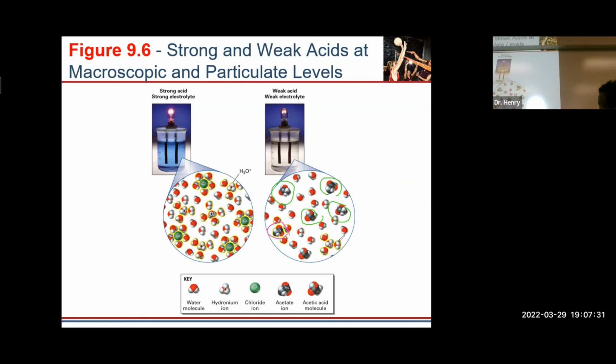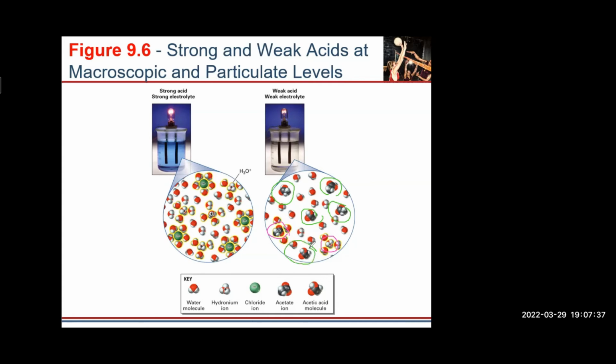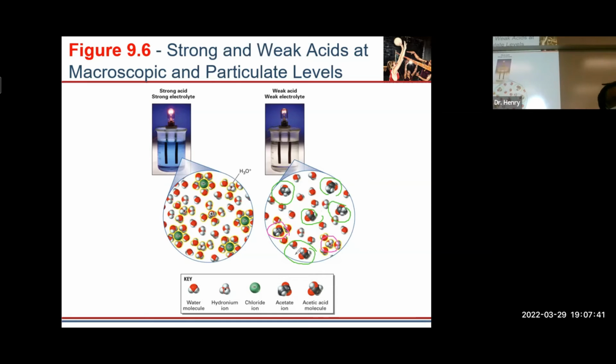And I forgot one. Okay, so if we look at this, we have 1, 2, 3, 4, 5 molecules that didn't dissociate, that didn't ionize. We have one that did. So that's an example of a weak acid.